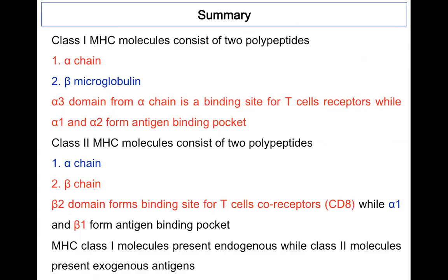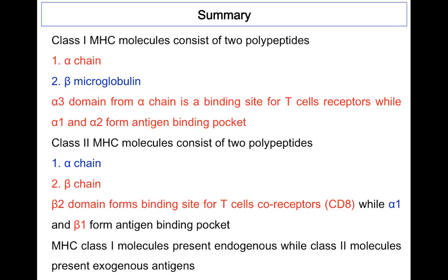So to summarize what we've learned in this lecture, the class 1 MHC molecule consists of two polypeptides: one is called the alpha chain and one is called beta 2 microglobulin. The alpha 3 domain of the alpha chain is a binding site for T cell co-receptors, while alpha 1 and alpha 2 form the antigen binding pocket.